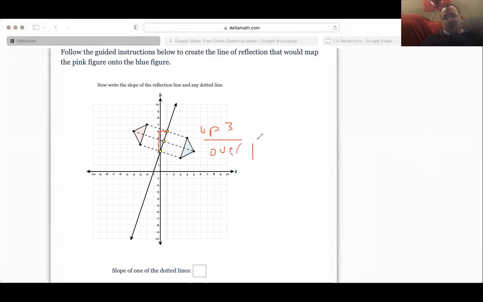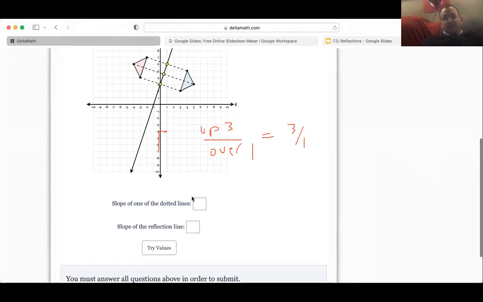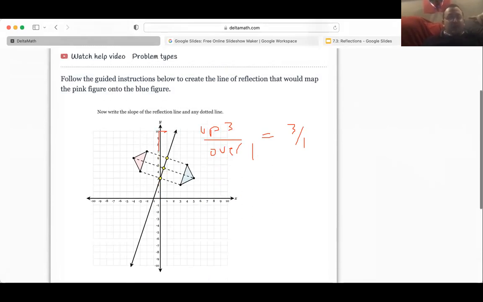So our slope is going to be 3 over 1, or just simply 3. Actually, that's the reflection line, not the dotted line. And then the slope of the dotted line is actually going to be down 1 over 3.